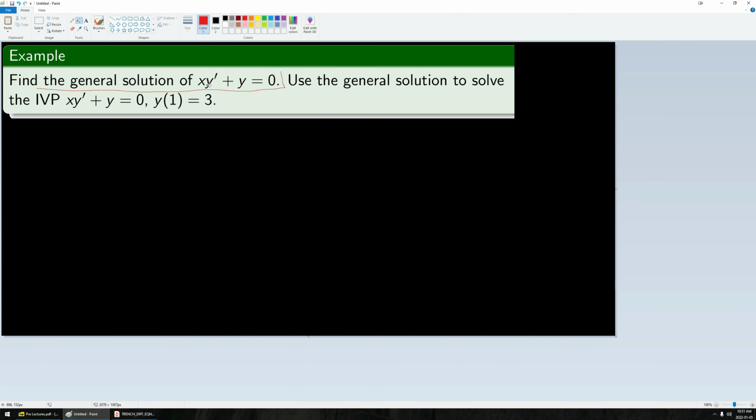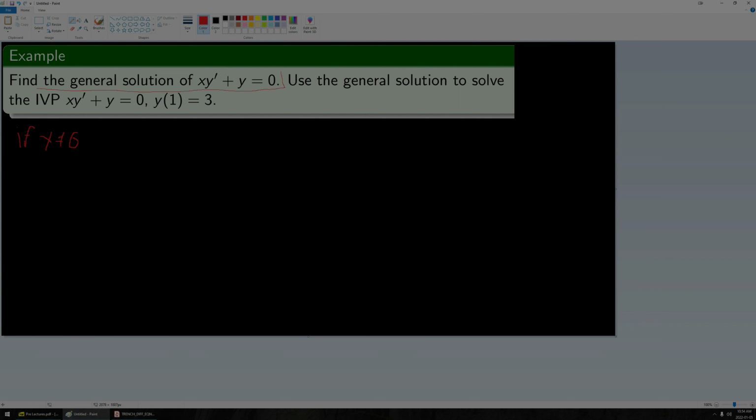So let's look at this. We could try to apply that method that we did earlier, where we isolate all the y terms on one side of the equation, everything that depends on x on the other side, and hopefully integrate to get that to work. Let's do that here. In order to do that, I first want to divide by this x. That could be a problem, right? Because x could be equal to 0. So we're going to do that same trick that we did before, and say if x is not equal to 0, then we can divide by x to rewrite the differential equation.